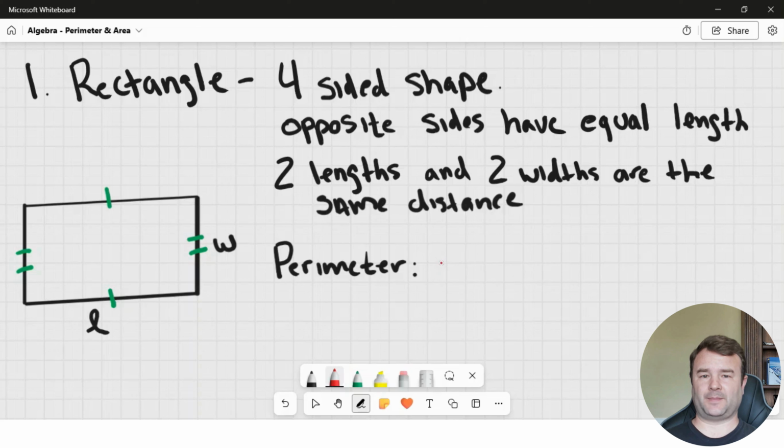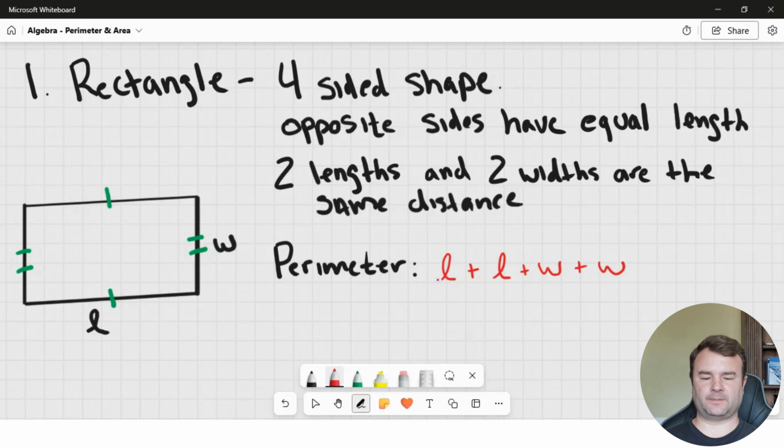If you added up the length of all of these sides around the rectangle, that will give you the perimeter. So it's basically the length of one side plus the length of its other side plus the width of one side plus the width of the opposite side.